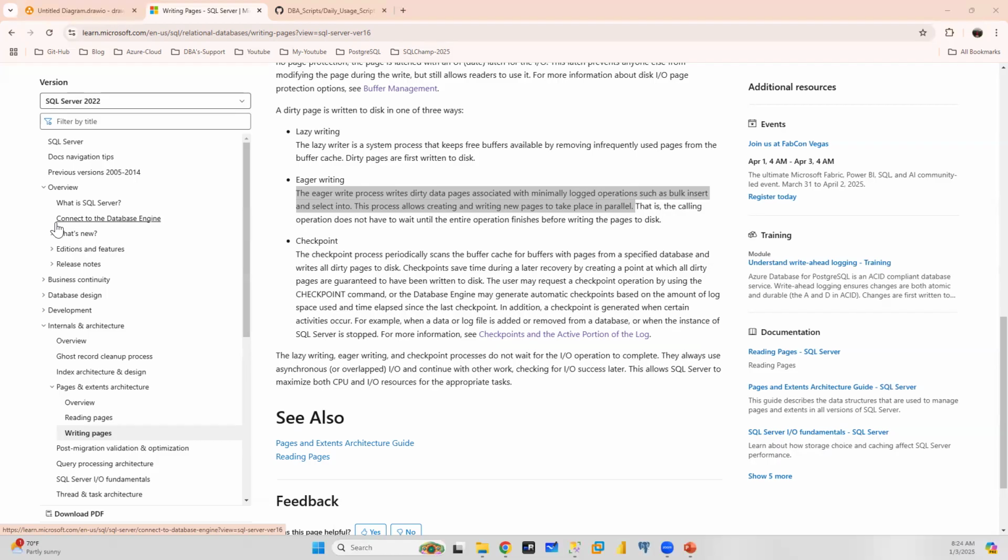We should know what the full recovery model is and what the simple recovery model is, then only will we go for the bulk logged recovery model. First we will understand why we are going for the bulk logged recovery model, then we will talk more on this concept. And I will also show you practically how that bulk operation is improving.